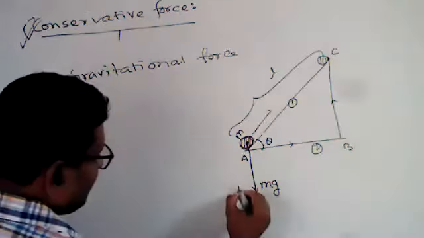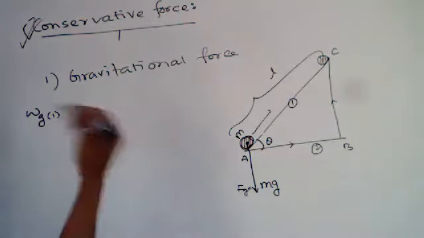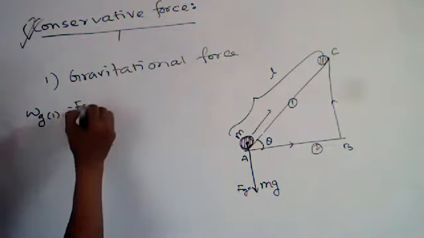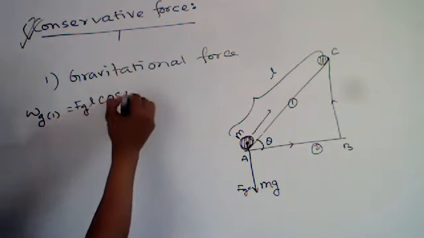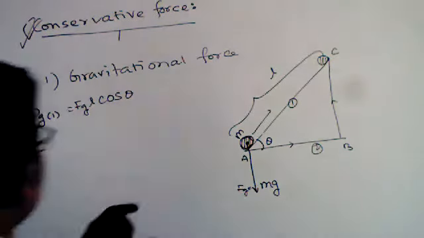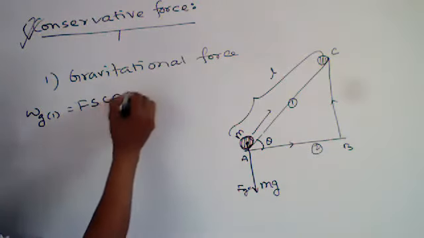This is Fg, the gravitational force. Fg equals mg. So the work done by this force equals Fg L cos theta. At first we can write Fs cos theta.